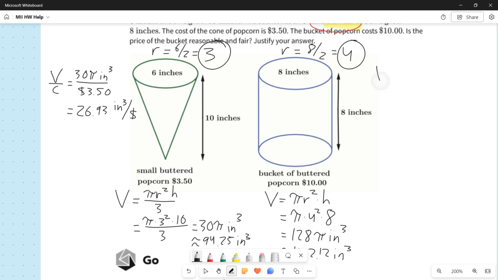So for the cylinder, I'm again going to do V over C, because that's what I did the first time. I'm locked into that now. My exact volume was 128 pi, and this is cubic inches. And this is going to be over the cost. We're told that the bucket of popcorn costs $10.